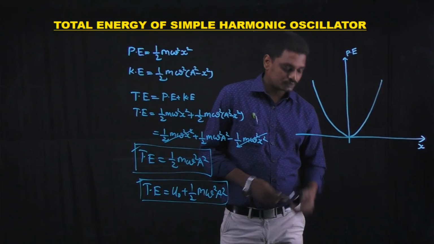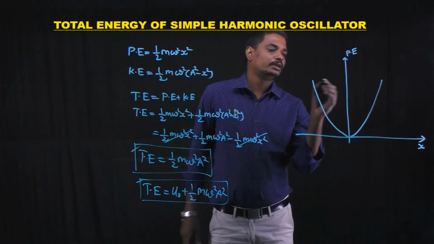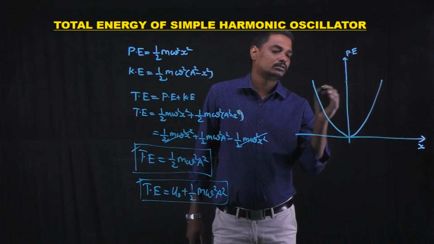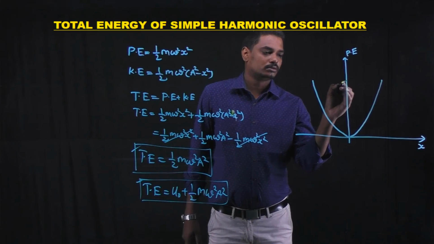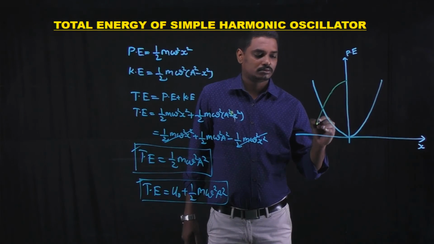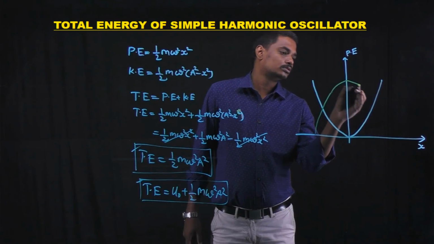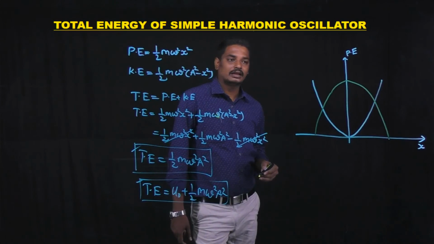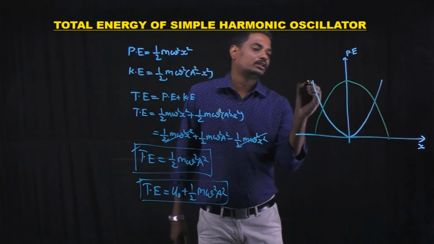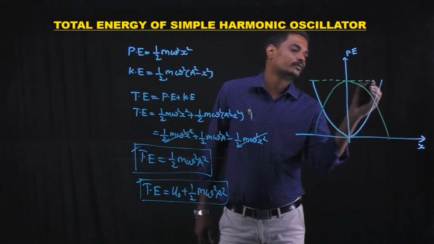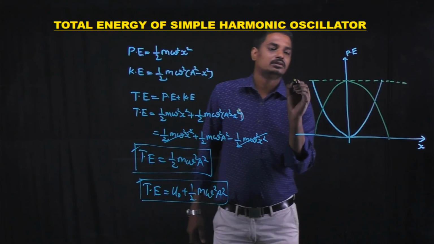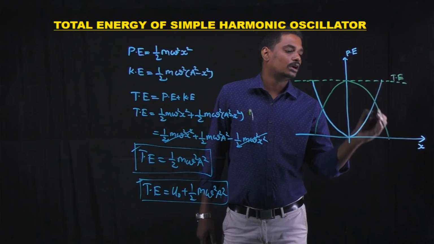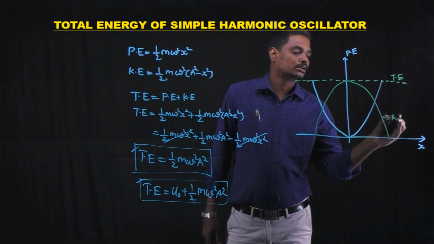Similarly, the expression for the kinetic energy will be, so this is the graph regarding the kinetic energy, and the total energy will be this one. This is the total energy, and this is the kinetic energy.